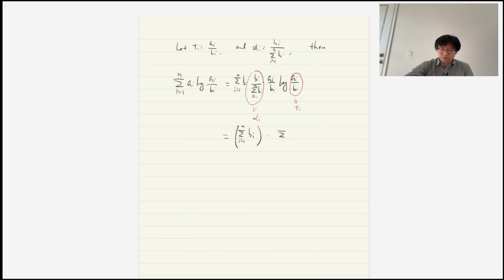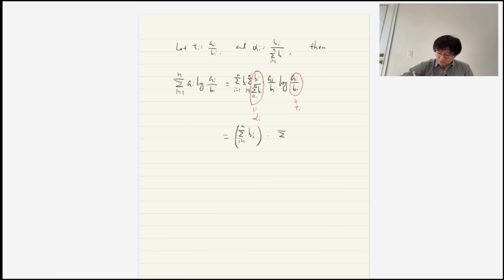I think I missed something. I forgot this. We need to have another summation here. Let me fix it. So here we let that equal alpha, and I missed a summation here, from 1 to n.